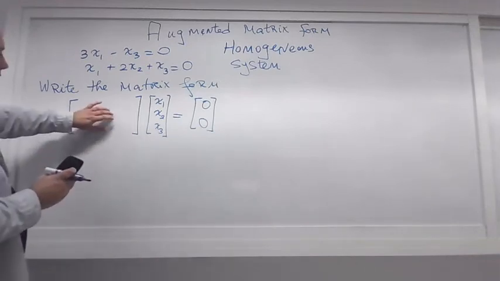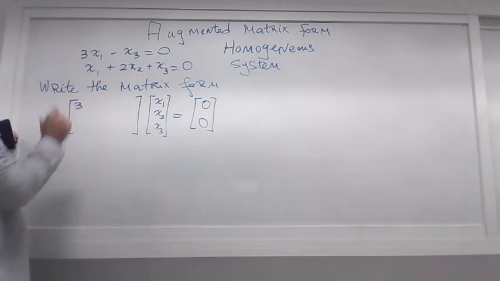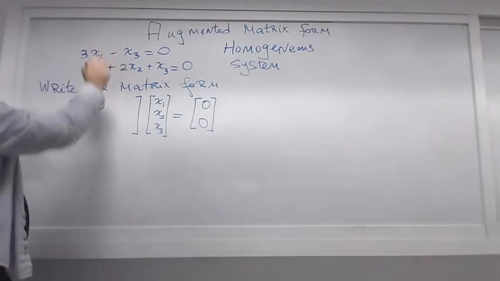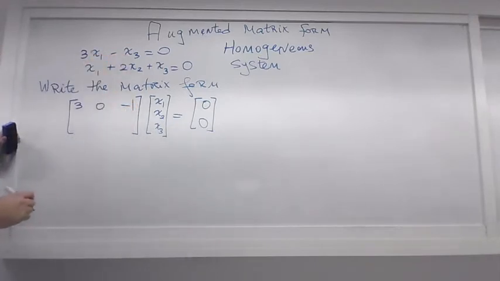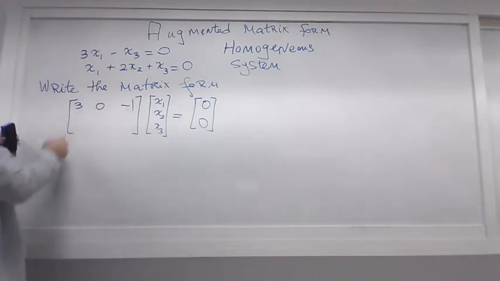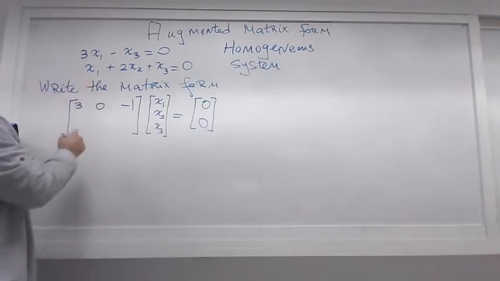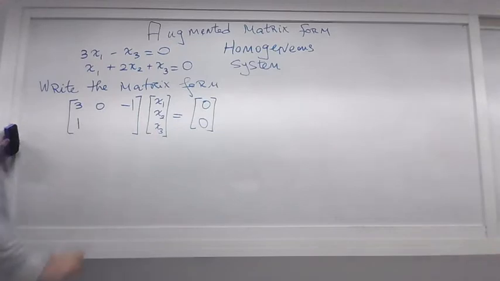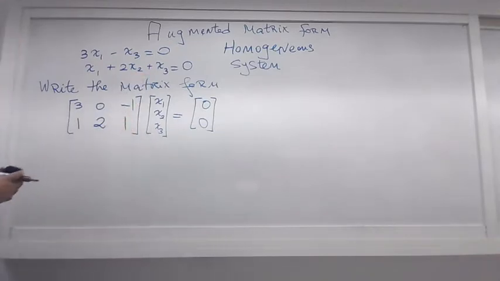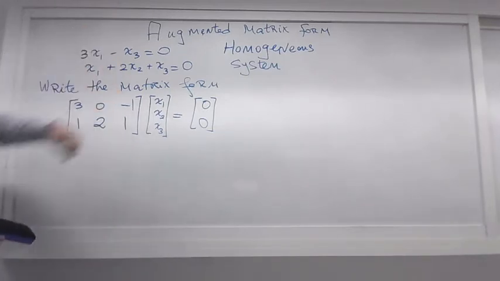Now I need to fill in this coefficient matrix. In front of x1 is 3. In front of x2 it's 0, because it's 0 times x2, and in front of x3 is minus 1. That's the first row. The second row is for the second equation: in front of x1 is 1, in front of x2 is 2, and in front of x3 is 1.